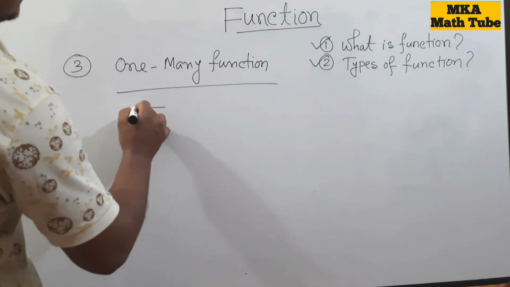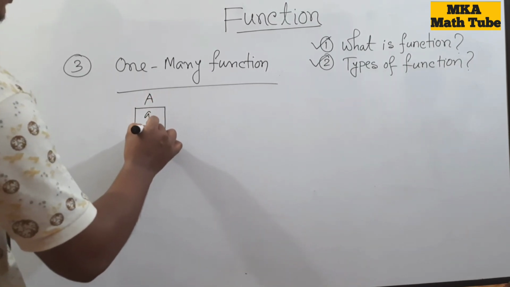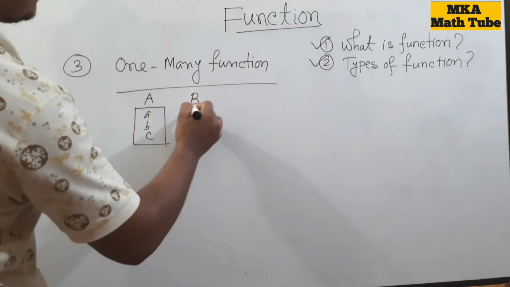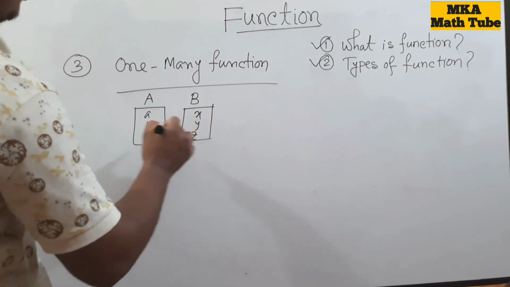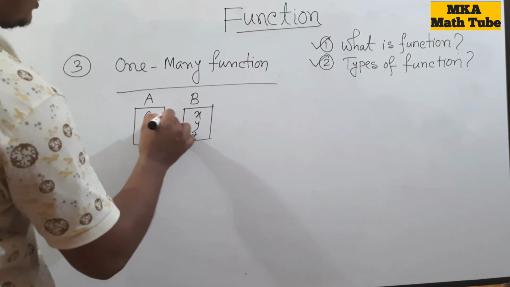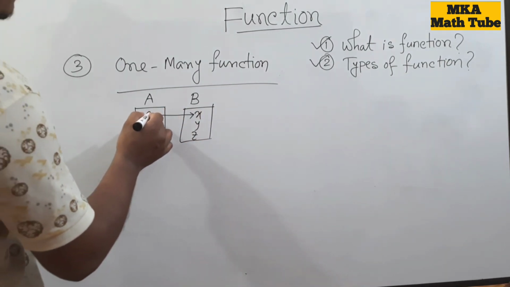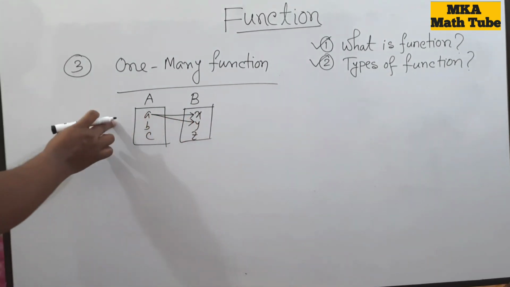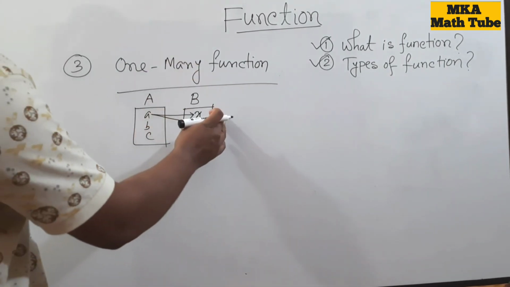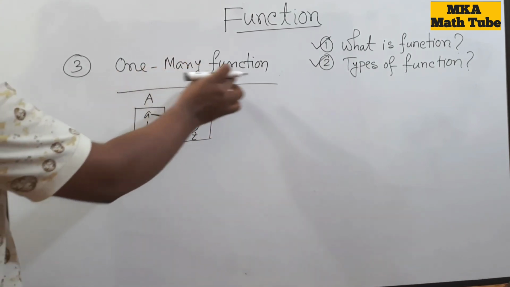If we consider a set, again same things, A, B and C, and another set, X, Y and Z. For the value A, if we get X, and for the value A, if we get Y, that means for a single value we get more than one value, then this function is called a one-many function.